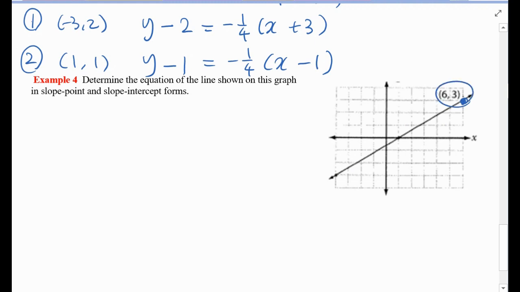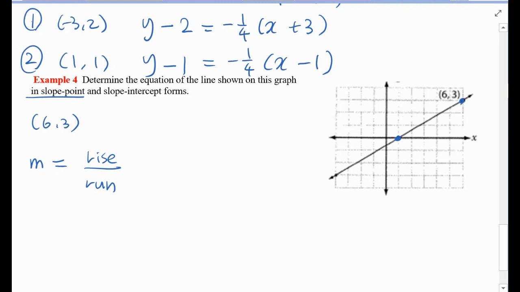Let's just use this point. So slope point form, 6, 3. And what's the slope? Let's find the slope. To find the slope, we have to do rise over run. So let's just choose an easy 2 points. I'm going to choose those 2.